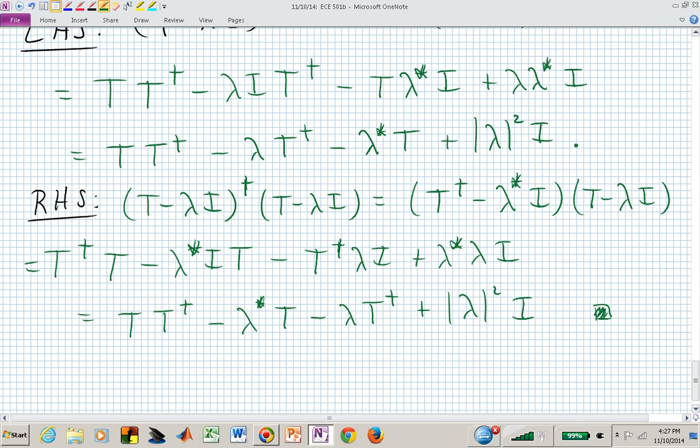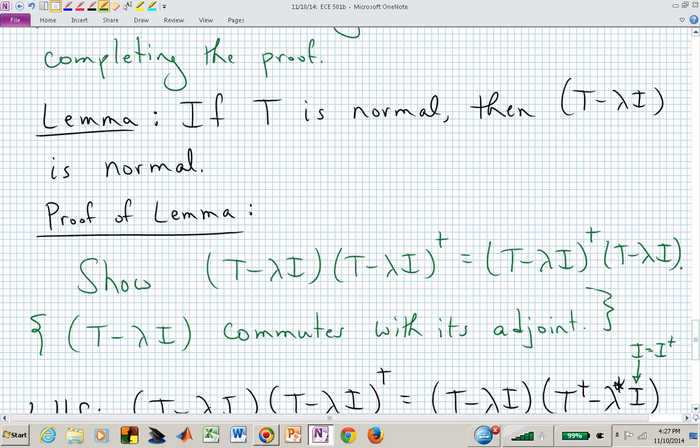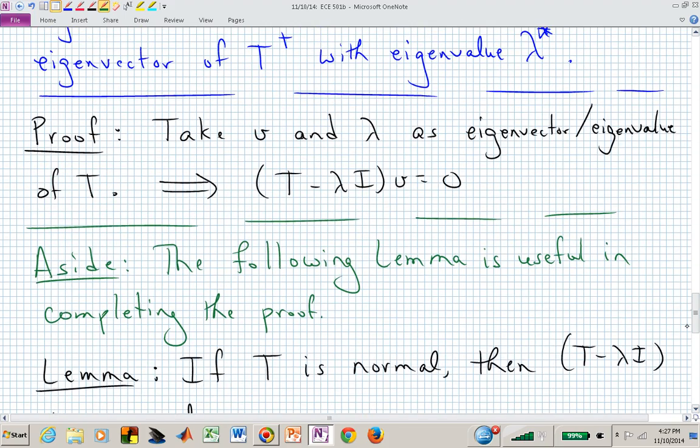And all we needed to know was that T was normal, or that T commuted with its adjoint, to get that. So now, if T is normal and lambda is an eigenvalue of T, then we know that T minus lambda I is normal. And that now allows us to continue with our proof.